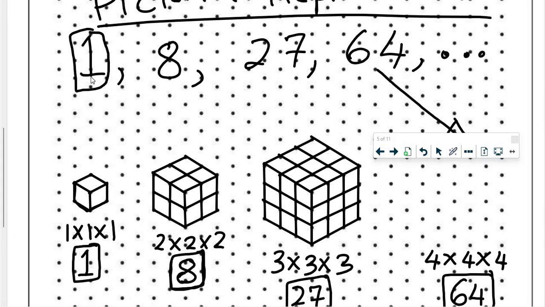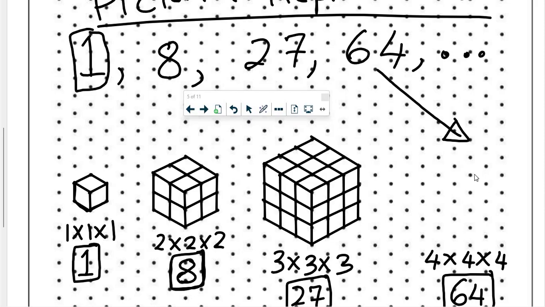The first cube number 1 will have 1 cube, the second cube number 8 will have 8 cubes, the third cube number 27 will have 27 small cubes, and the fourth cube number 64 will have how many small cubes? There will be 64 cubes.